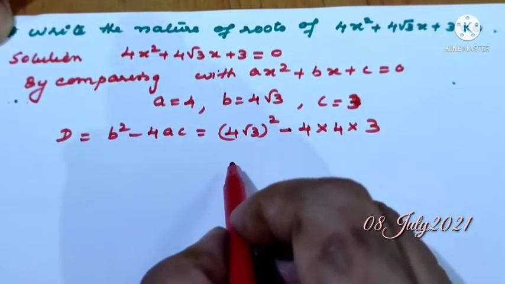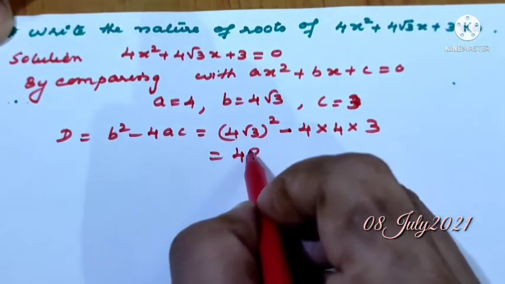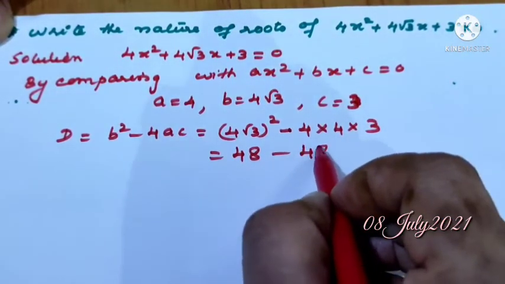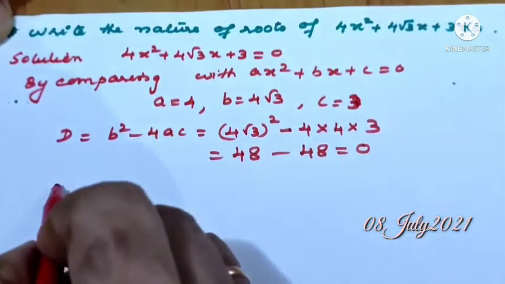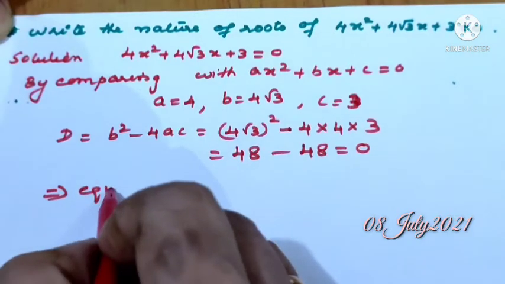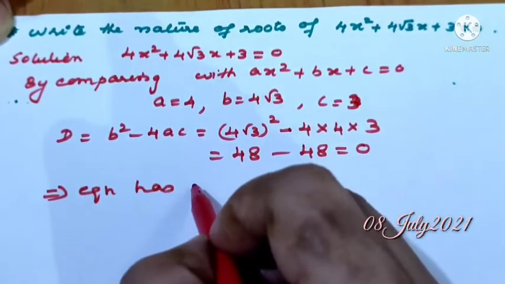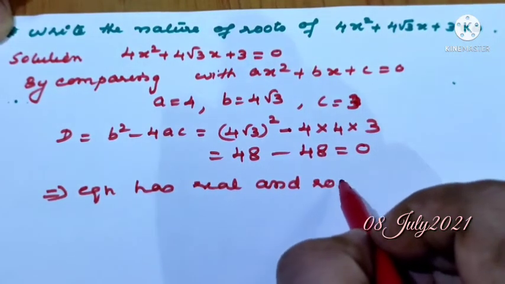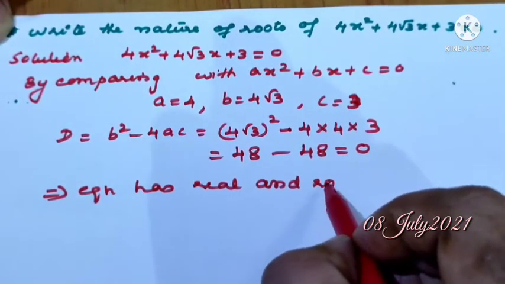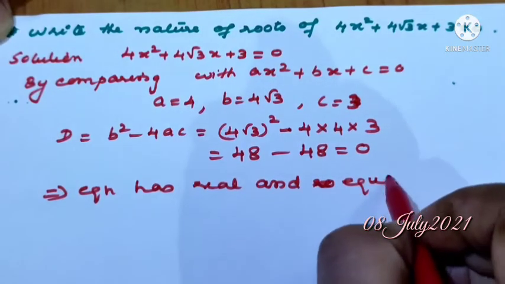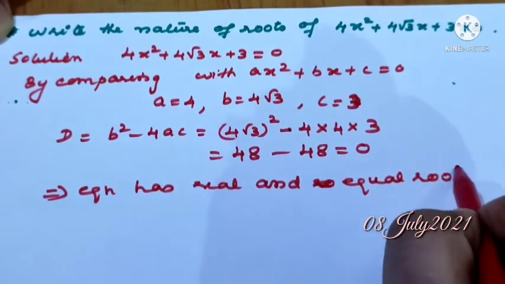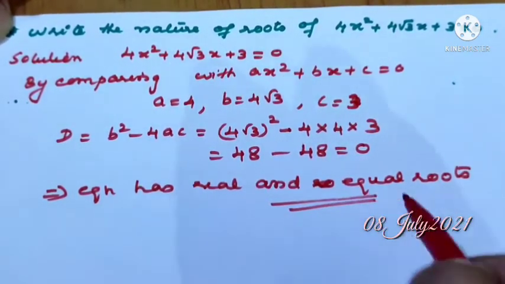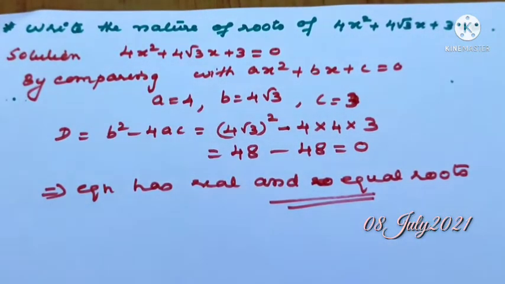So 16 into 3 is 48, again 16 into 3 is 48, it is equal to 0. This implies the equation has real and equal roots. This much only we have to find out. There is no need of finding the solution, since they ask what is the nature of the roots.